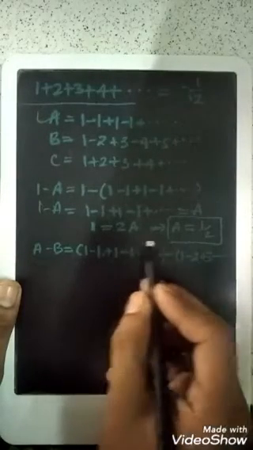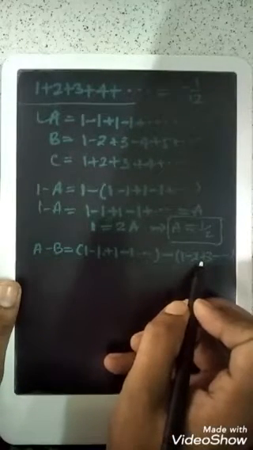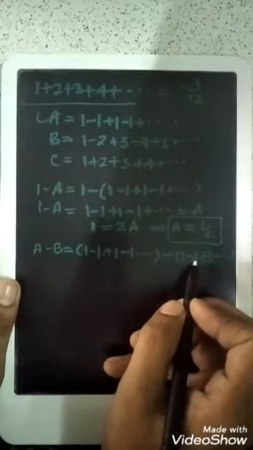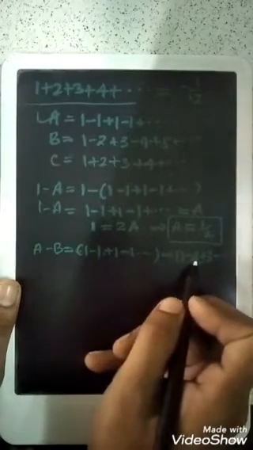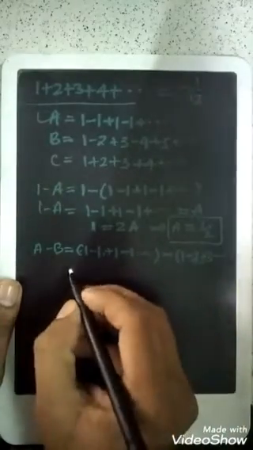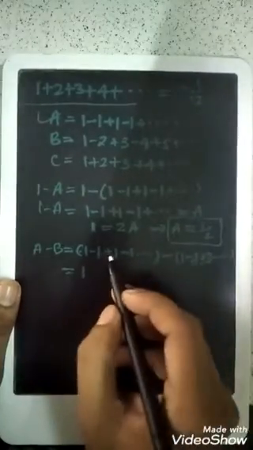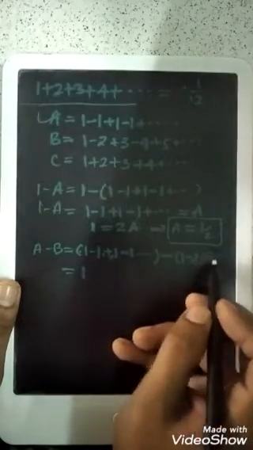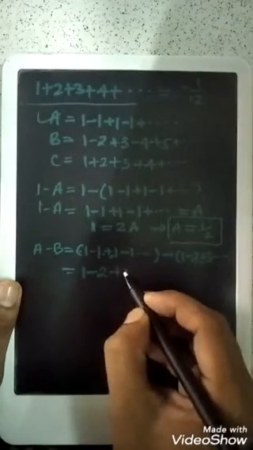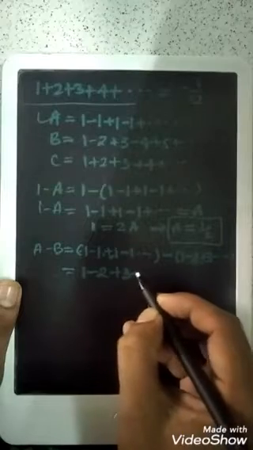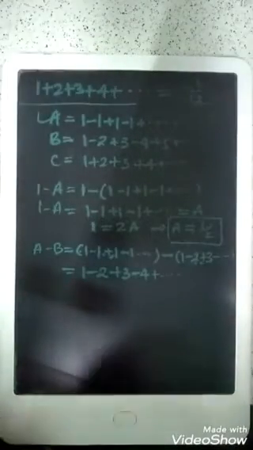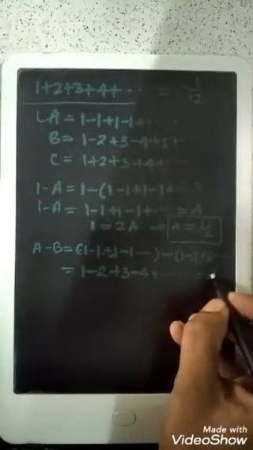Minus 1 minus minus 2 means minus 1 plus 2, which is 1. Again plus 1 minus 3 will be minus 2. The next term, the obvious guess, is minus 4. So what we are getting is again B.